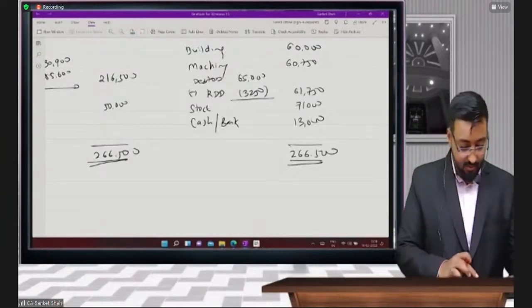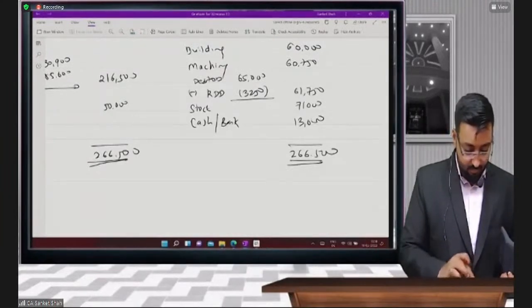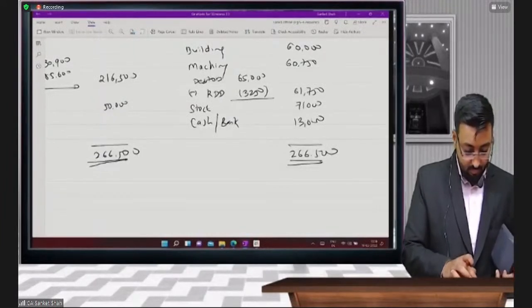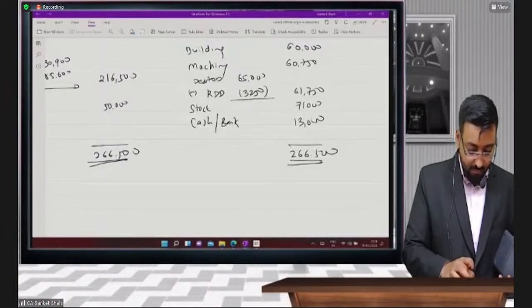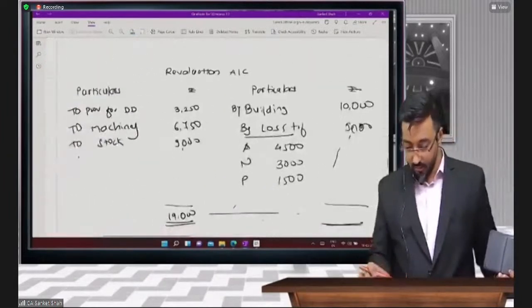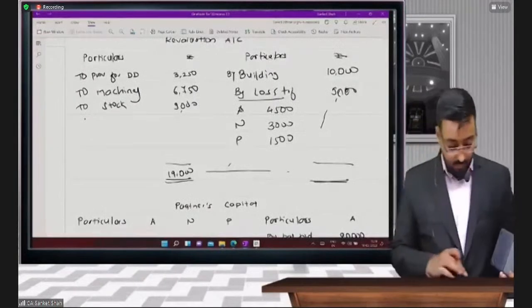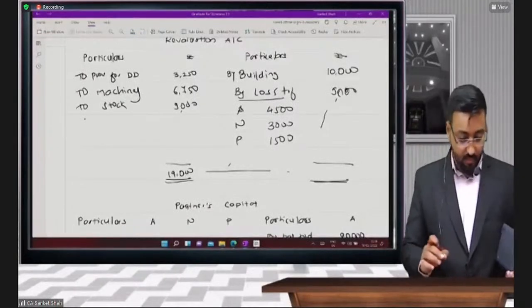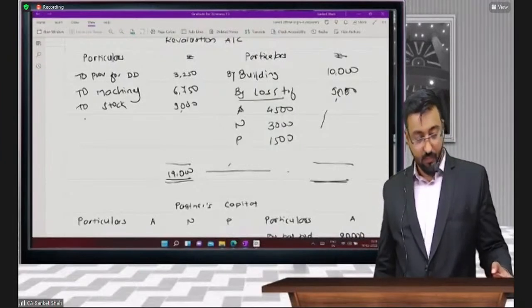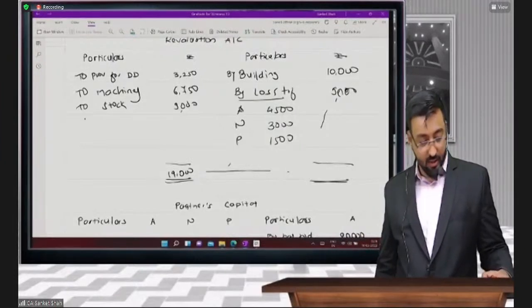Yes, my balance sheet is tallying. Yes, friends, you can check my balance sheet. We tallied it. Yes, friends, are you tallying your balance sheet?